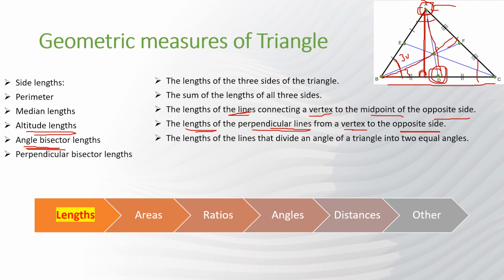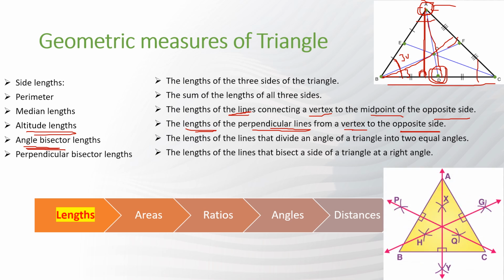Similarly, we have the perpendicular bisector length. What does it mean? Refer to the image here. All these lines are perpendicular bisector lines, and this is a way you can bisect this side.